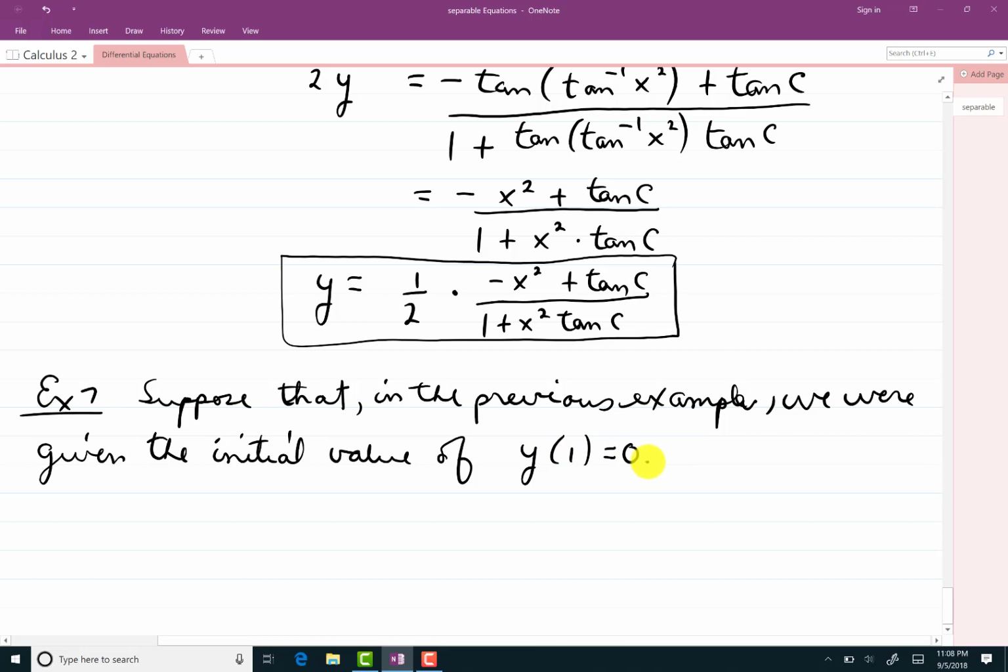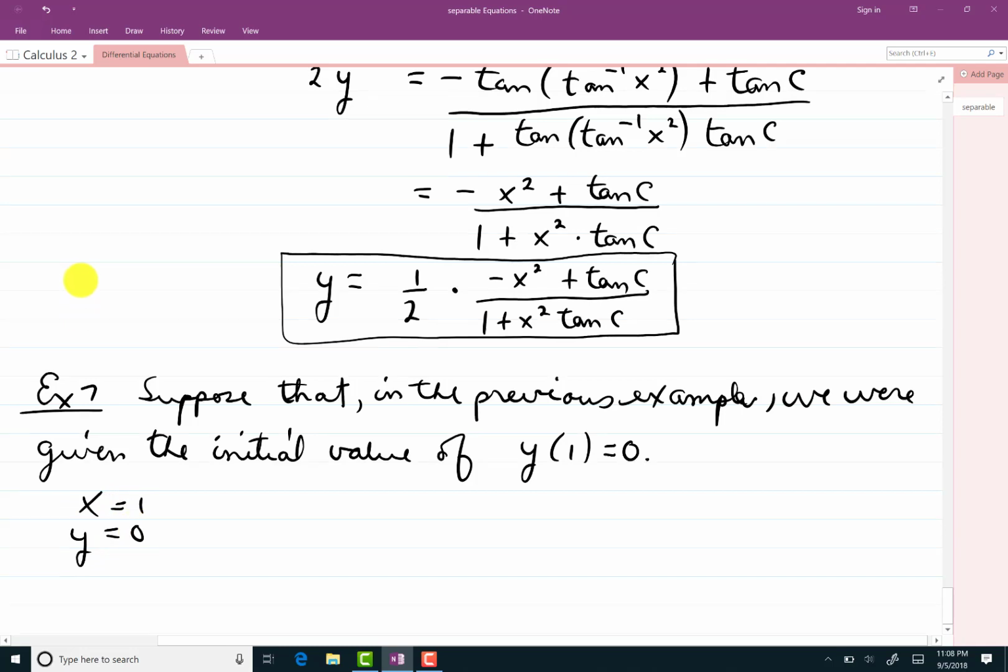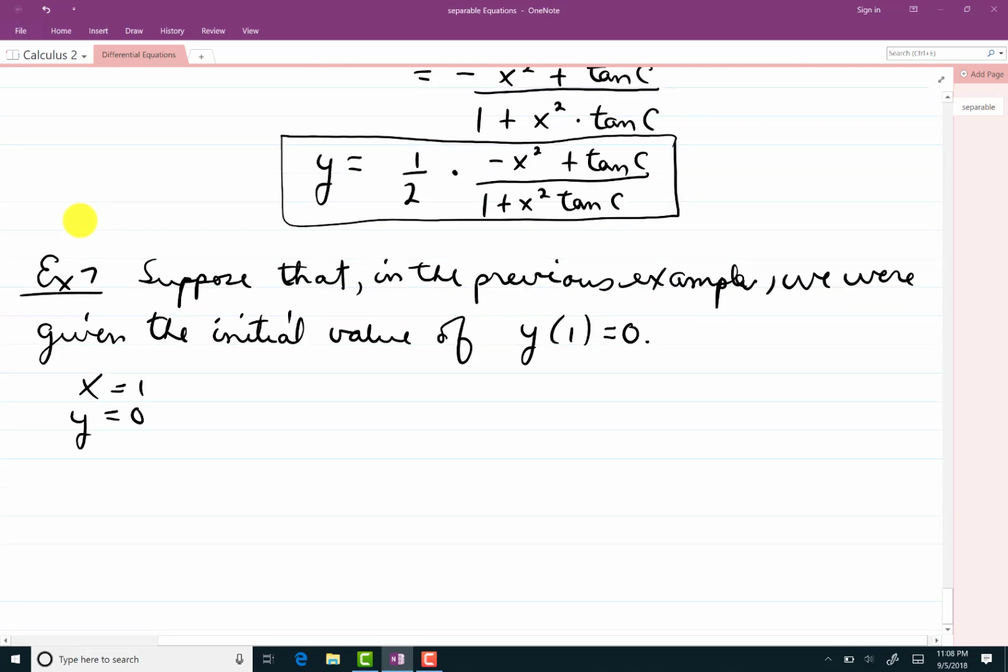If that's the case, then I'll be able to figure out what these things are by allowing x to equal 1 and y to equal 0. So x equals 1, y equals 0. Let's plug them in. Y equals 0 when x equals 1, so I have 1/2 times negative 1 squared plus tangent of c all over 1 plus 1 squared tangent of c.